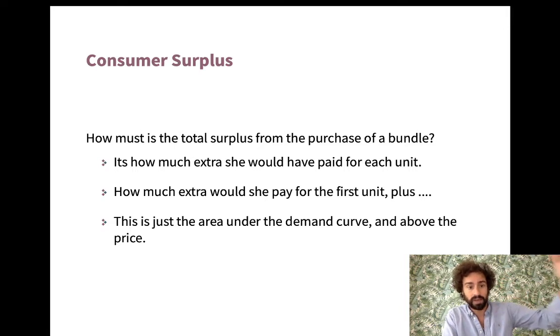She was willing to pay 30 cents for the first banana and only paid 20. The second one maybe 28 cents, the next 25 cents, whatever. The total amount she's willing to pay is how much she's willing to pay for each unit she purchases, less the amount she actually paid. So we can take a quick look at what that looks like graphically.